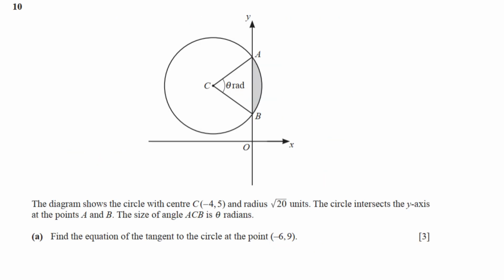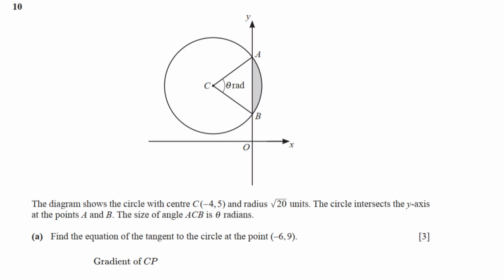Next, we are asked to find the equation of the tangent at the point minus 6, 9. We know a tangent to a circle is always perpendicular to the radius drawn to the point of contact. So first let's find the gradient of the radius CP.